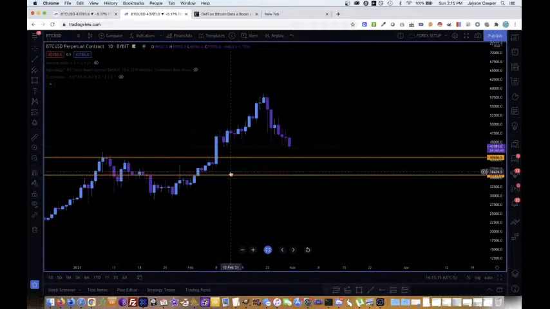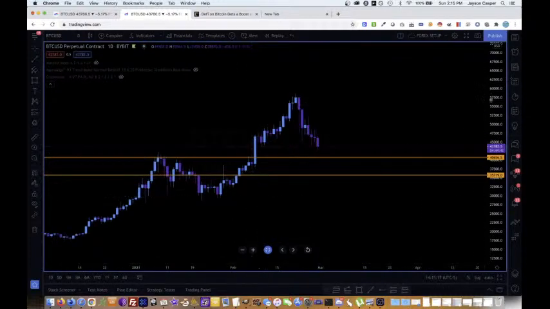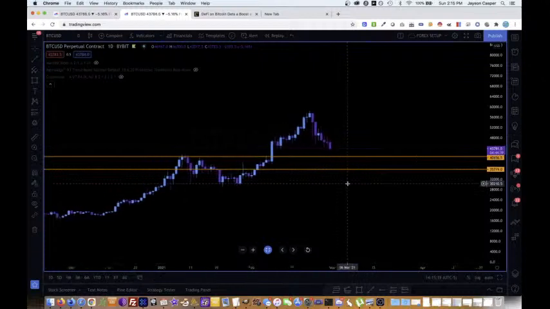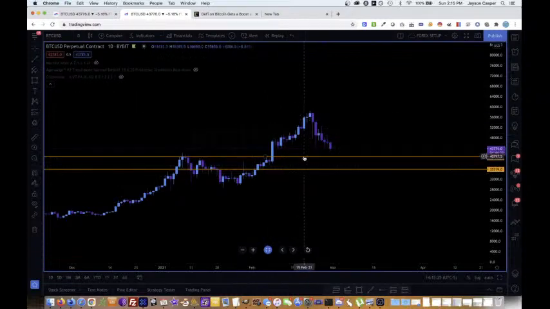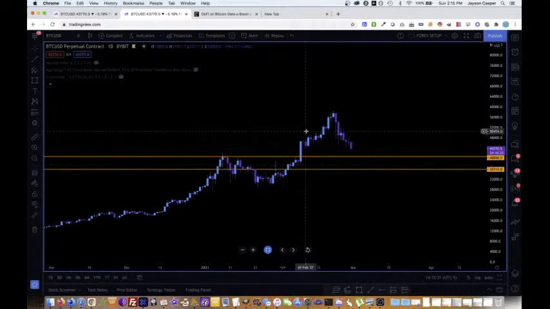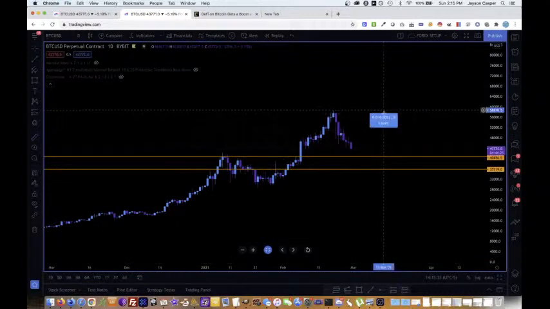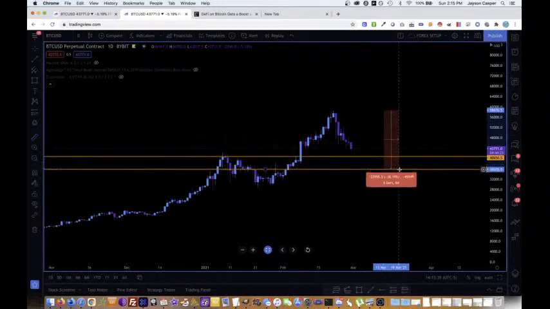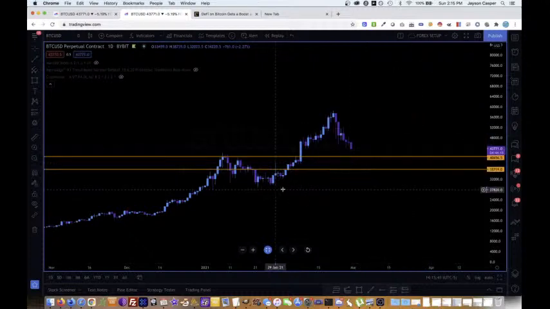But until then, there's no reason to think that we're going to go down that low, especially if we just look at generally what happens to Bitcoin during uptrends. It definitely doesn't tend to correct more than 30%. That would be a huge correction if we went down to the $36,000 level. It's not off the table, but that's a 40% correction. I guess it's possible. Nothing's impossible.